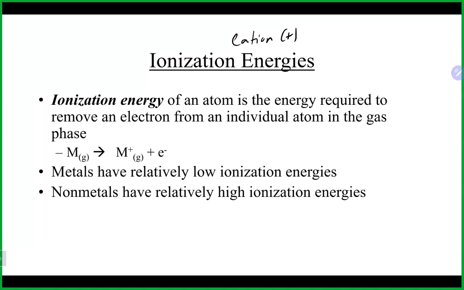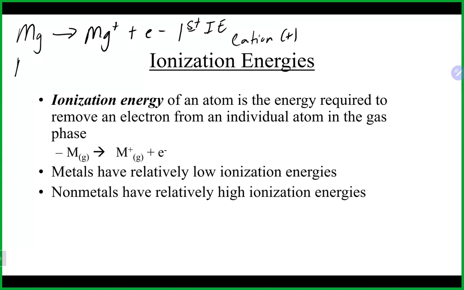By the way, just so you know, electrons do come off one at a time. They don't just all pop off. So for example, if you looked at something like magnesium, the first thing that would happen is magnesium would lose one electron. The energy required for that is known as the first ionization energy. So the first ionization energy for any element is the energy required to remove the first electron.